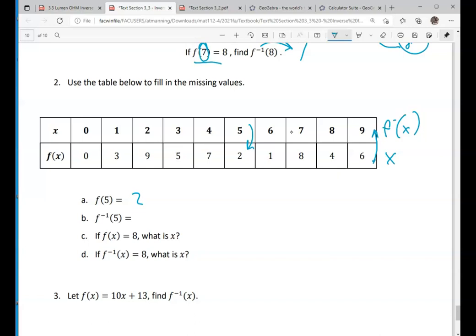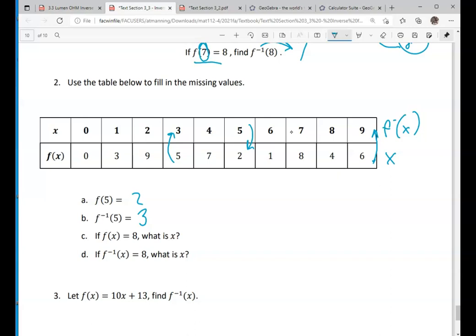This is f takes 5, gives me an output of 2. f inverse, I got a 5, and I got to get back the other direction. So f inverse is 3. So even though they look similar, f of 5 doesn't come up to this 5. f inverse of 5 means, oh, I'm going from this as my input to get the other way.